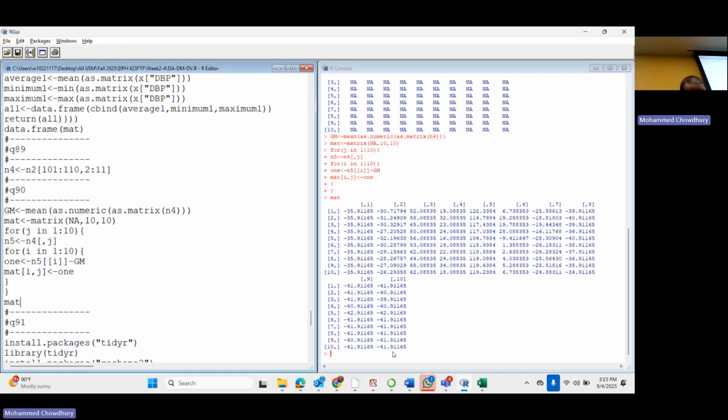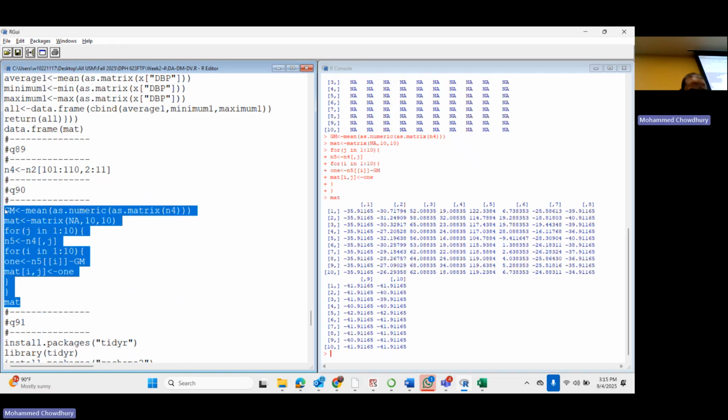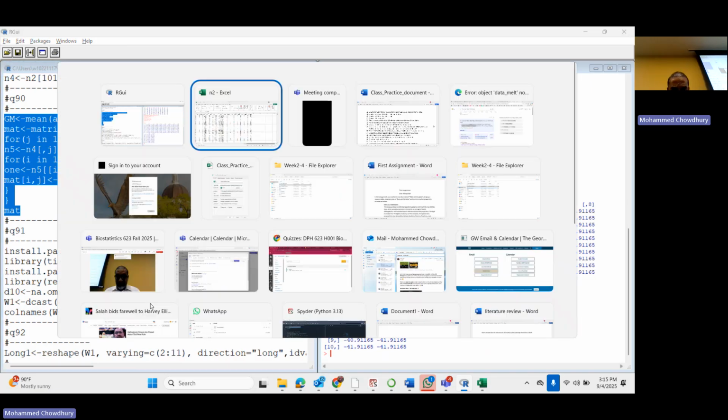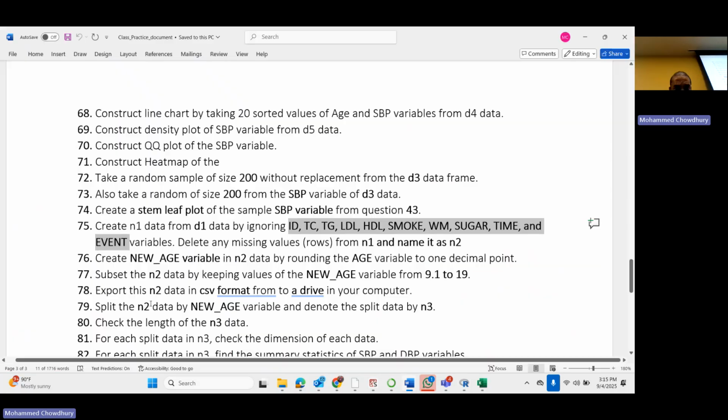So after this code, you have learned how to run a double loop in a data to compute something. Now question number 91 is telling you, what is longitudinal data? Longitudinal data is this type of data.